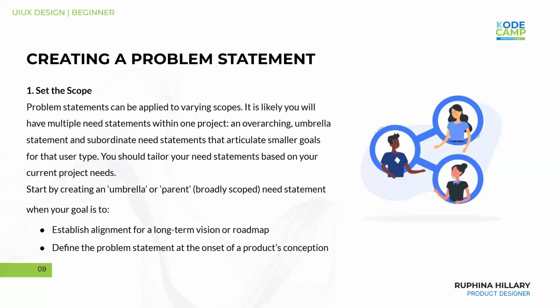So a way to limit yourself now would be to say, let's say, Praise, as our persona: Praise needs a simple and intuitive application to track his money because available applications are too complex and unintuitive.